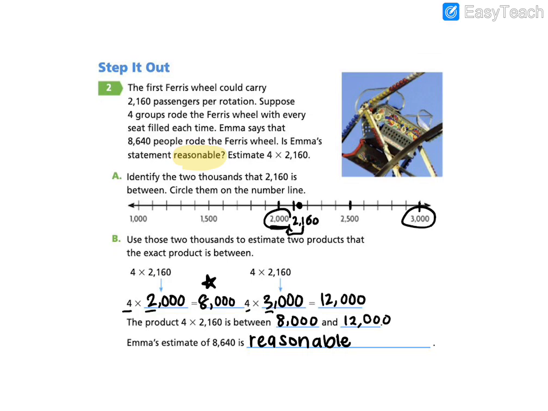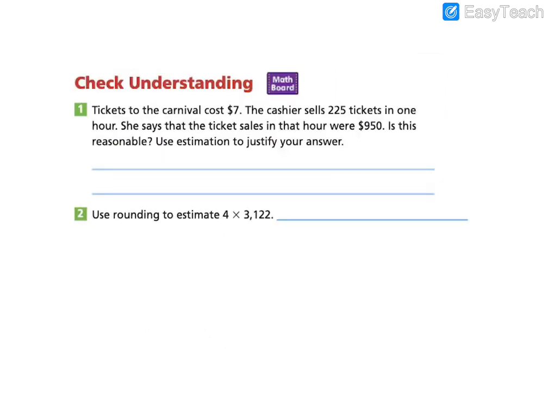So although we know it's going to be between 8,000 and 12,000, we know it's going to be closer to 8,000. Go ahead and complete check understanding and press play when you are ready to check your work.